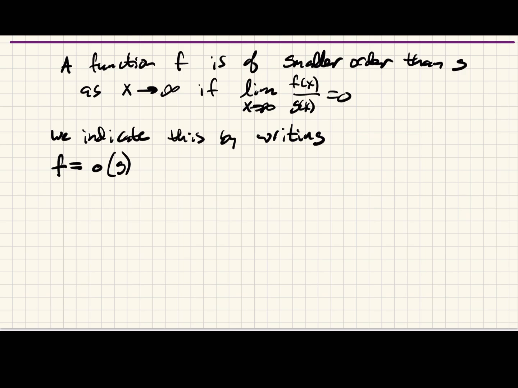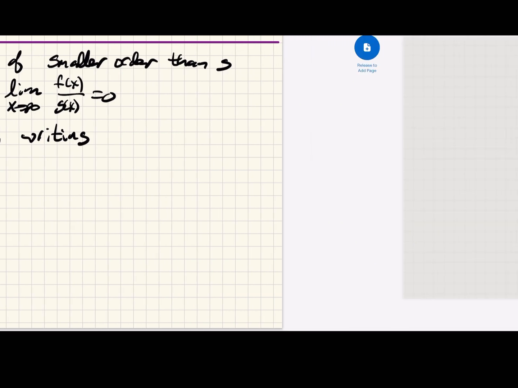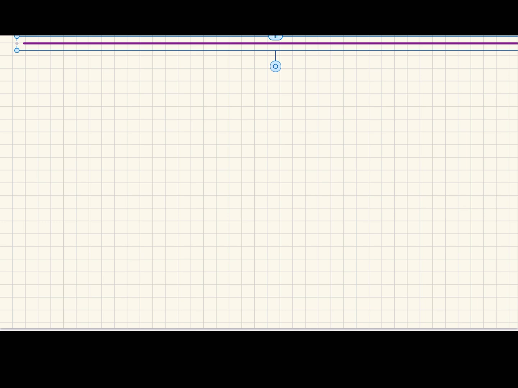And that would be, let's look at a specific example here. Let's do that. So let's look at x plus sine x and x. Now, that's a little tough, right?